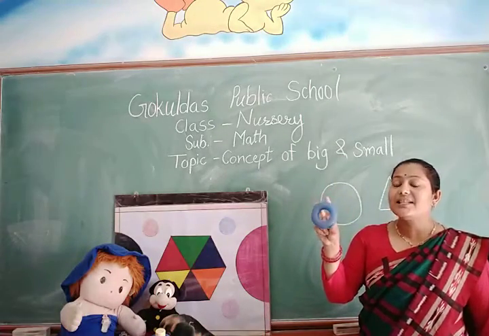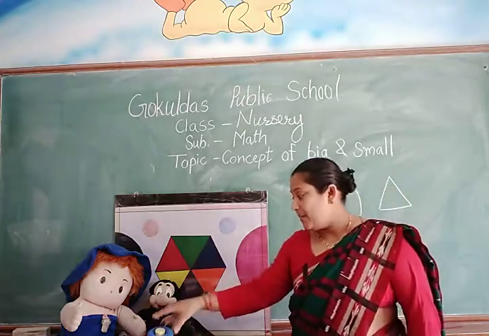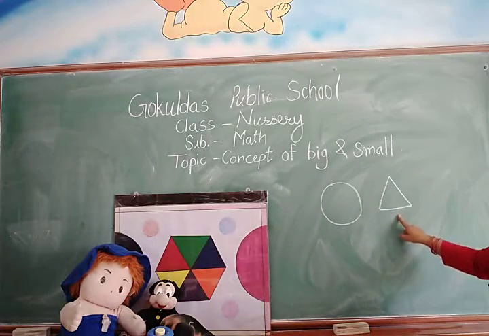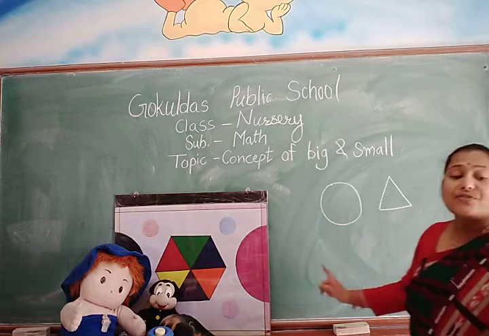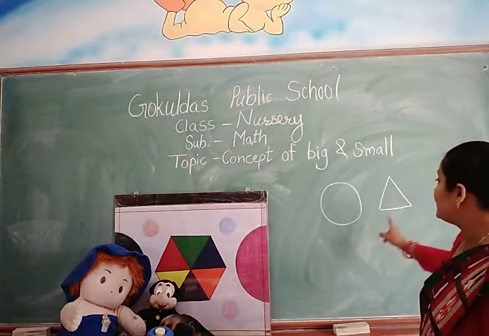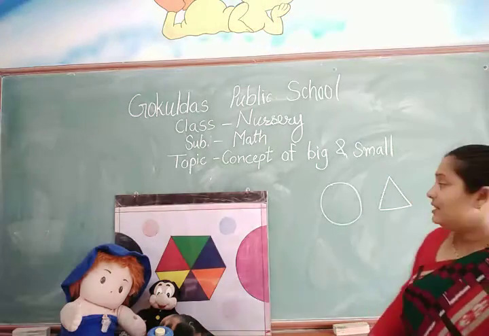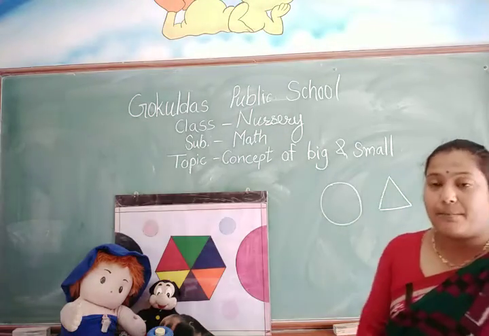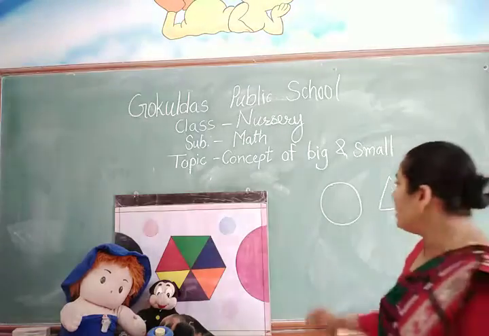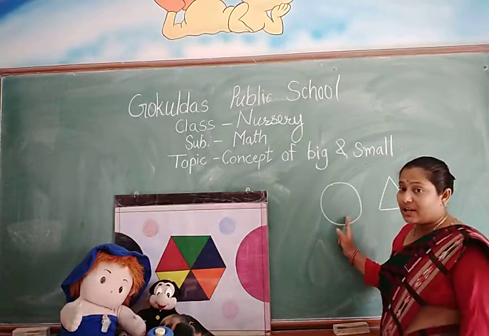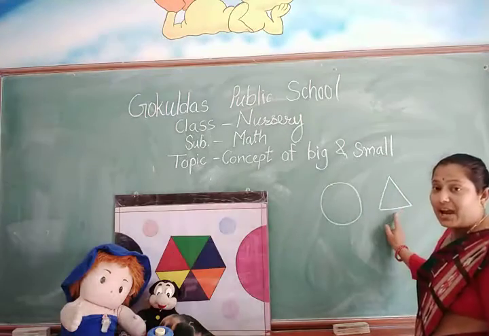And which shape is this? This is a triangle. Very good. This shape is triangle shape. I hope you learned about circle and triangle shape.